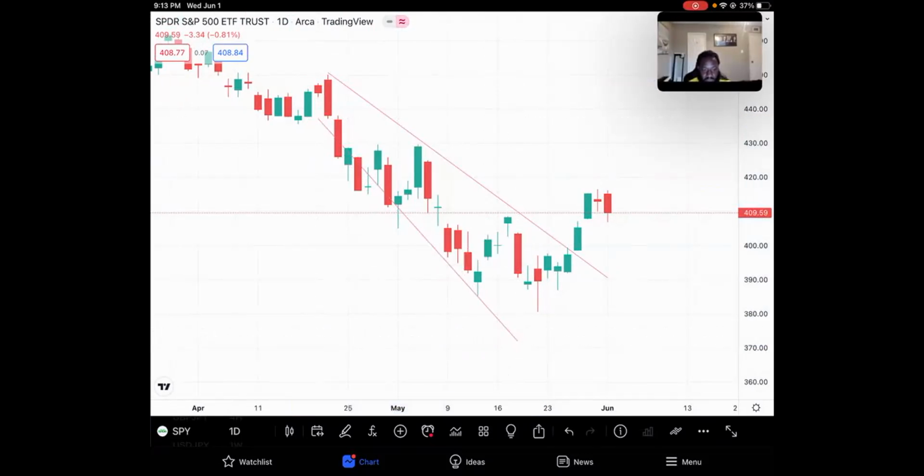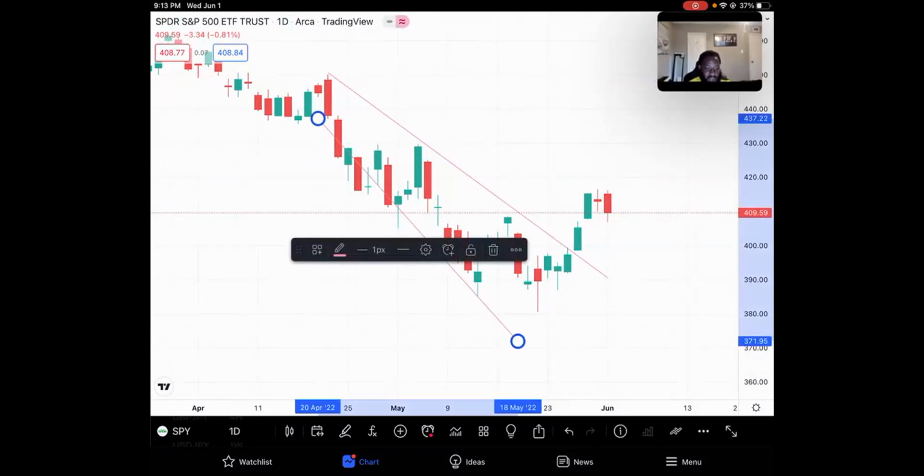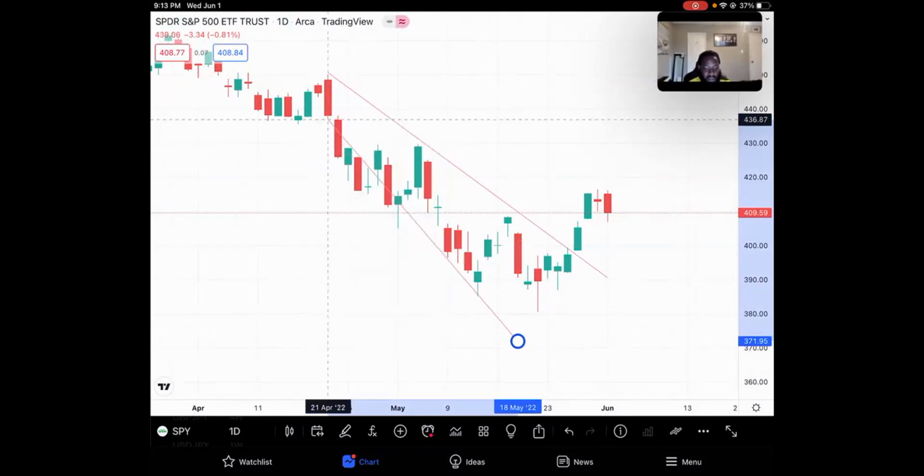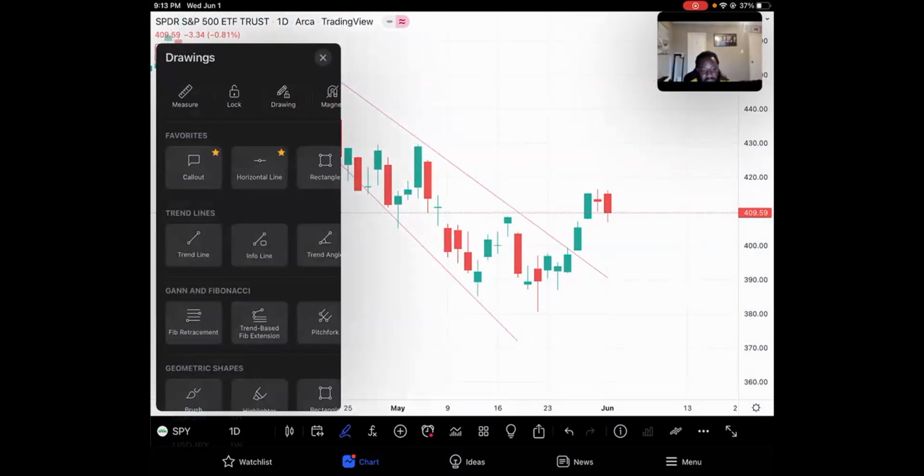You could even adjust the other end to make it touch a little bit better. Or you can go to the bottom of the next red candle underneath it. So we can see the path. This is really where the path is going.